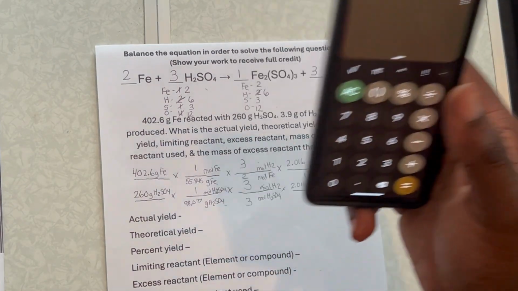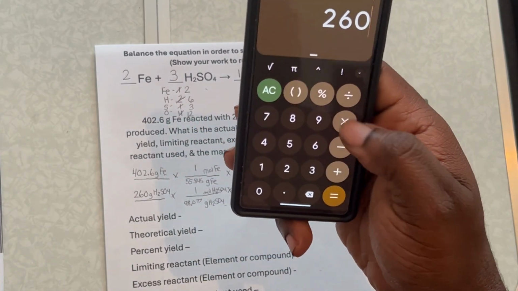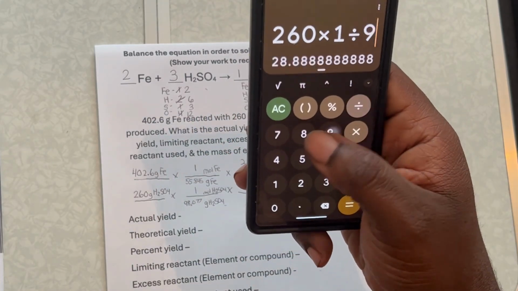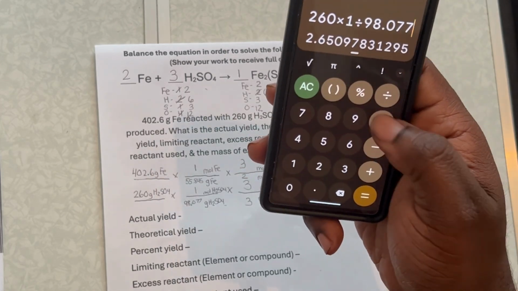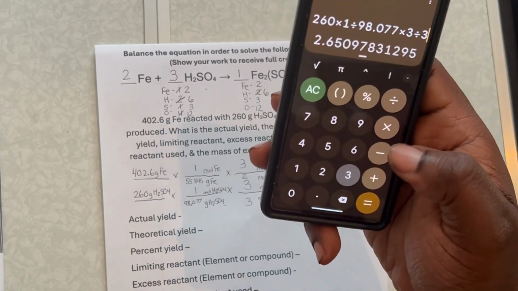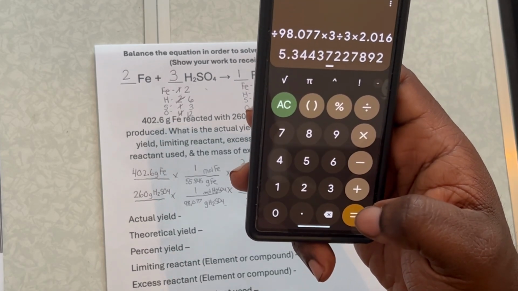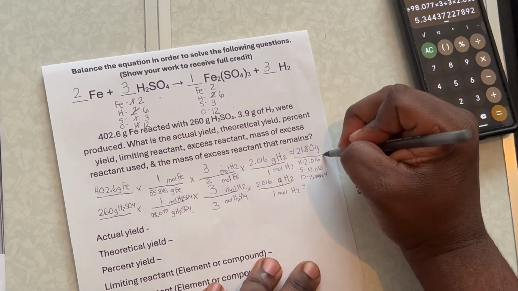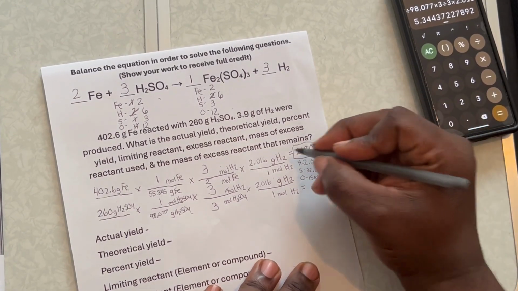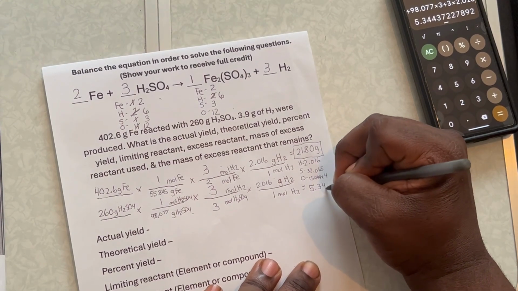Now let's do sulfuric acid: 260 times 1 divided by 98.077 times 3 divided by 3 times 2.016. You get 5.34. So this one is 21.80 grams and this one is 5.34 grams.